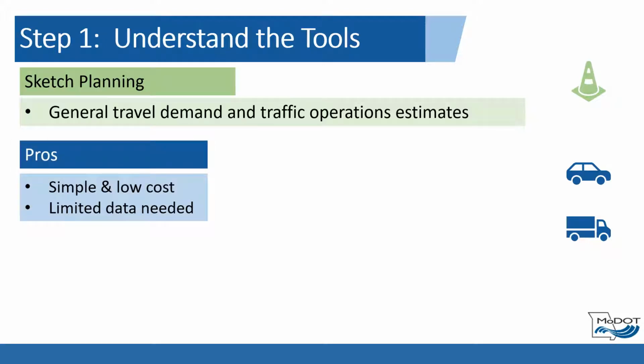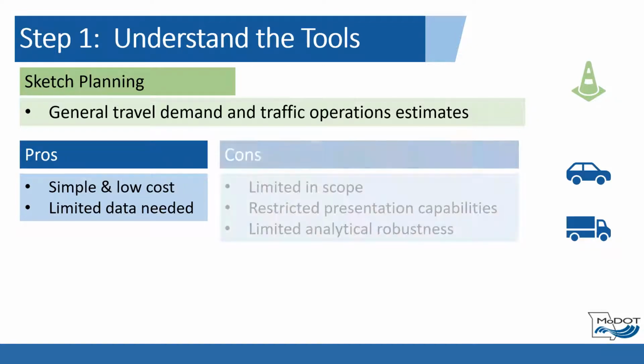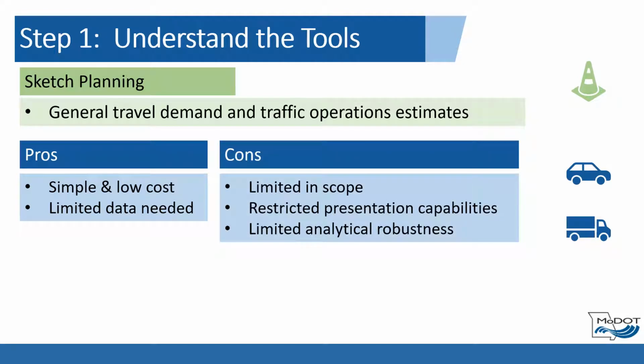They have low data needs and can often be utilized with highly aggregated data, which means new data collection is not needed. To minimize the potential cons of sketch planning tools, be sure to communicate and collaborate with reviewers to verify that a high-level analysis would be appropriate.